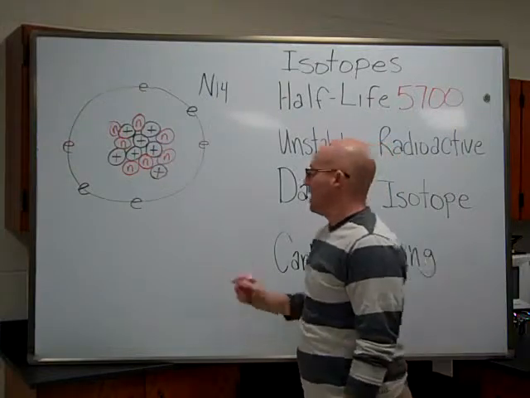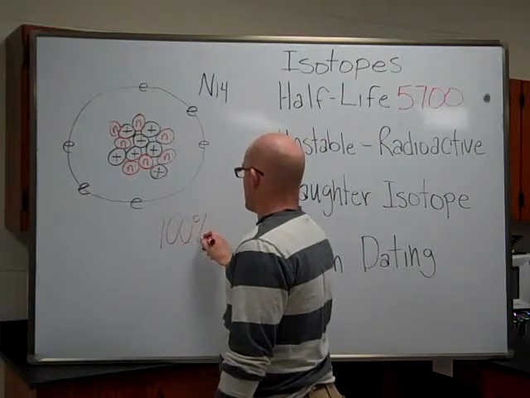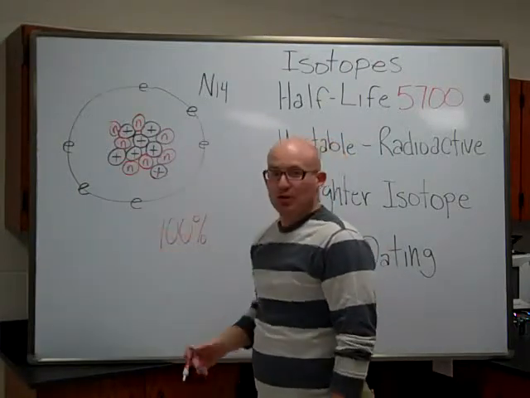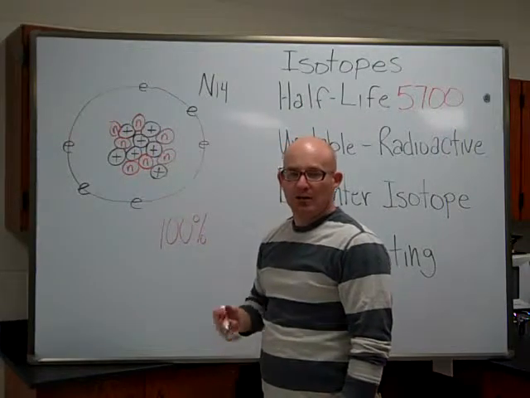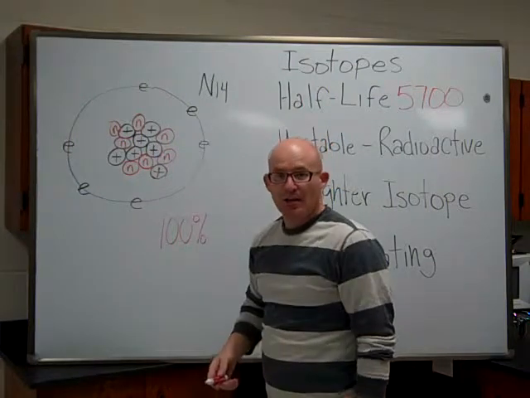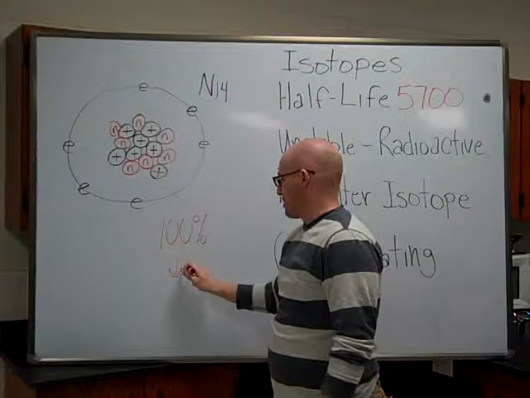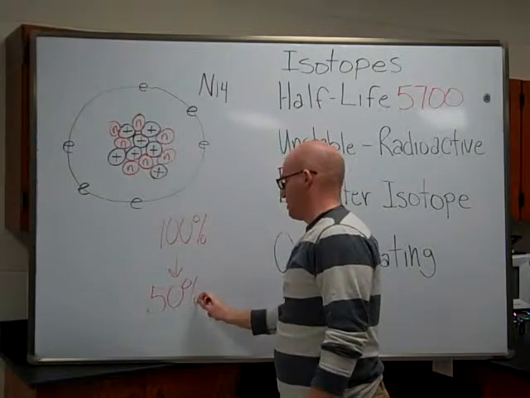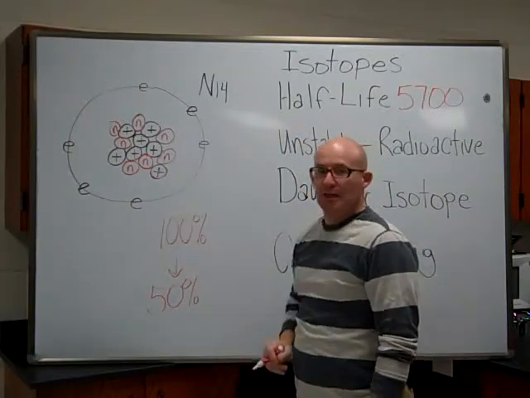In other words, I always start with 100%. I have a certain amount of carbon-14 when the organism dies and turns into a fossil, so that percentage of carbon-14 is 100%. After one half-life, I would have 50% of my carbon-14 remaining.